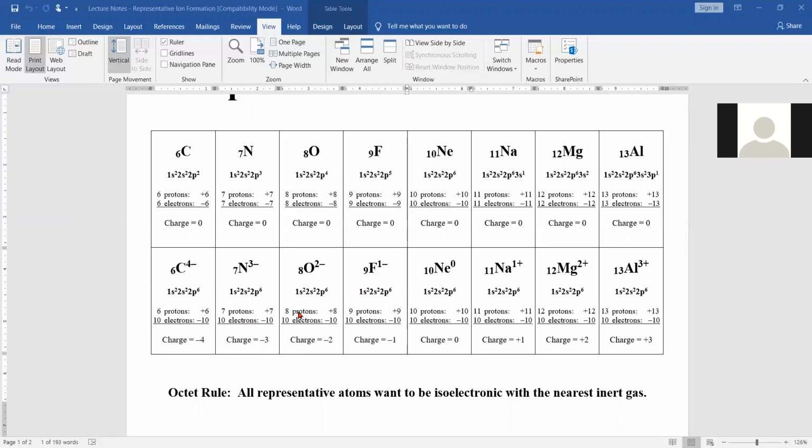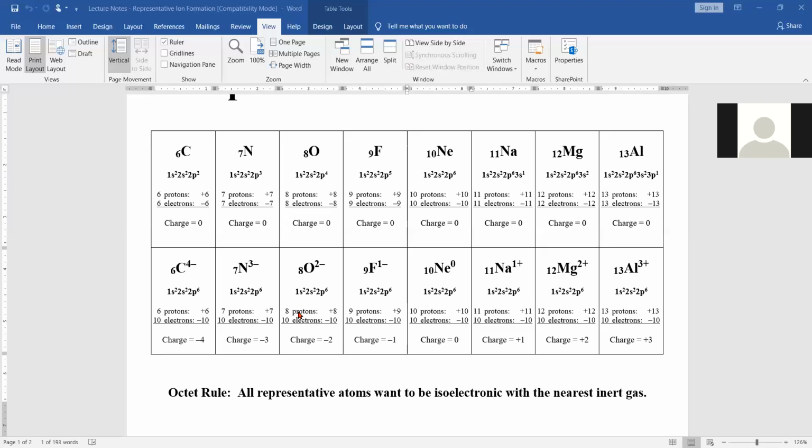Okay, and so why is it called the octet rule? Anybody have any idea? There's 8 valence electrons in the inert gases, except for helium, which only has 2.